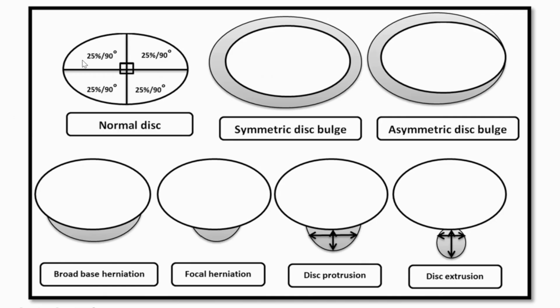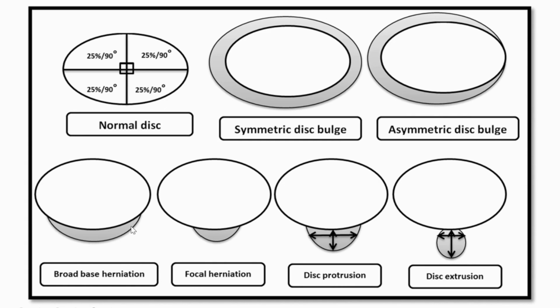This is the representative image showing the normal disc. It is divided into 4 quadrants, that is 25% of circumference each, with 90 degrees per quadrant. Depending on this, if the whole circumference is involved, it is called symmetrical disc bulge. If more than 180 degrees is involved but not the whole circumference, it is called asymmetric disc bulge.